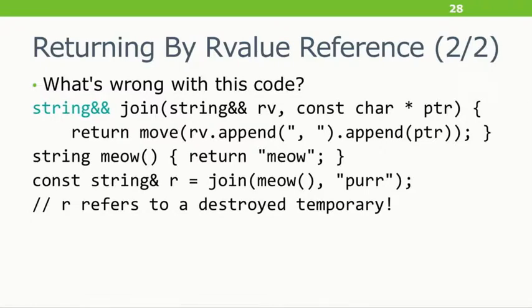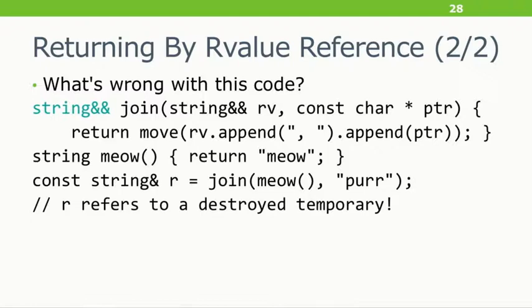Many programmers actually go through their whole careers, I'm surprised, without ever seeing this, but C++98 lets you bind a const string ref to a temporary. And if it's directly bound to a temporary object, such as return by meow directly, the lifetime of the temporary, which would ordinarily be destroyed at the semicolon at the end of the full expression, instead is prolonged for the lifetime of the reference.